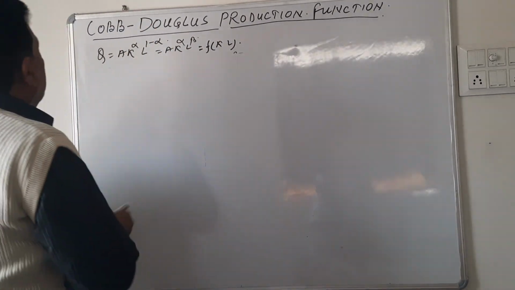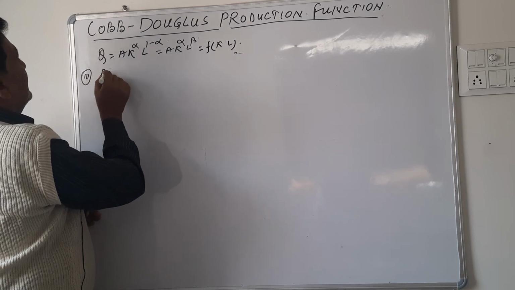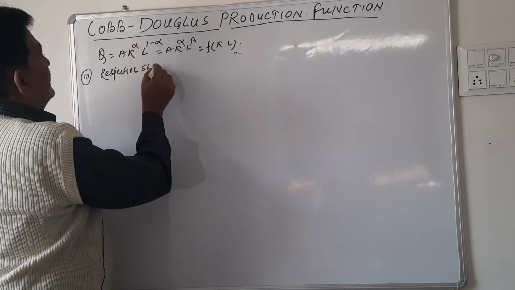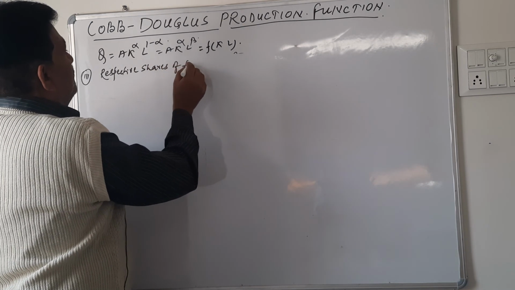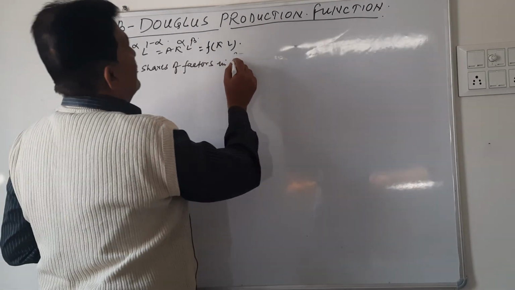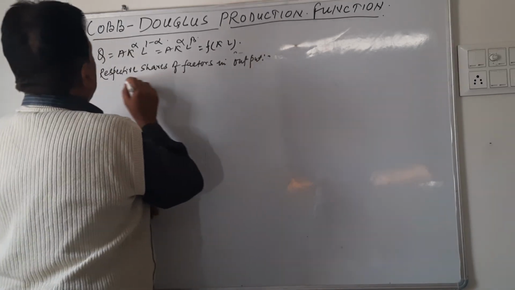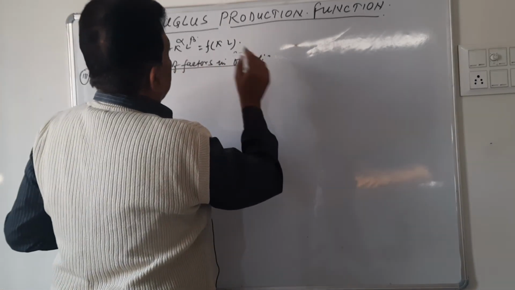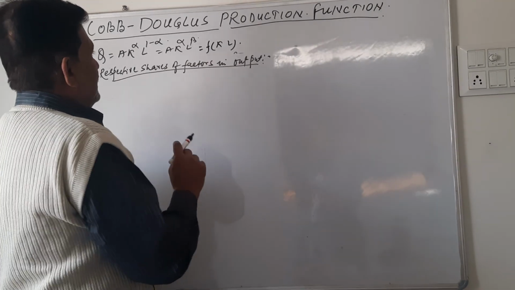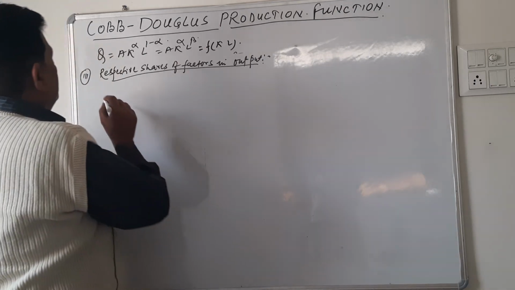So number 3, respective shares of factors in output. Mind it that when we calculate this, we will take it for granted that factors are paid according to their marginal products.